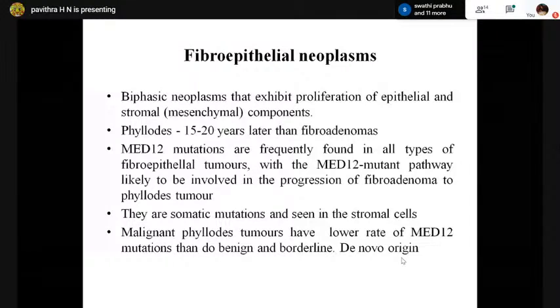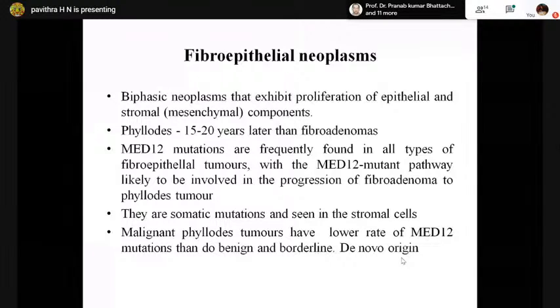This is what it says, and they are somatic mutations, so you see them mostly in the stromal cells. Malignant Phyllodes tumors have a lower rate of MED12 mutations than the benign and borderline ones. So if they are of de novo origin, you don't find these MED12 mutations in the malignant Phyllodes. If you find these MED12 mutations, they say this has progressed from fibroadenoma to Phyllodes.